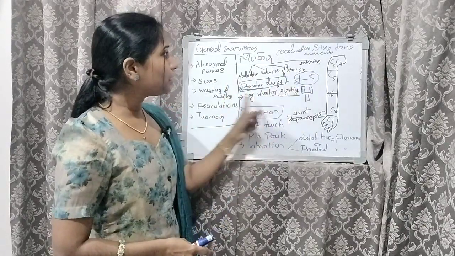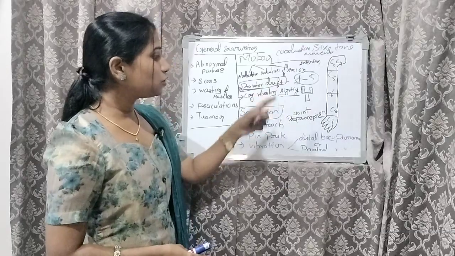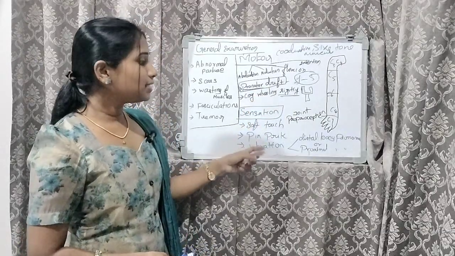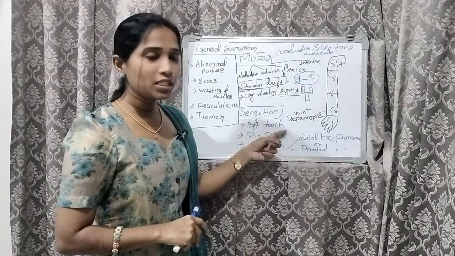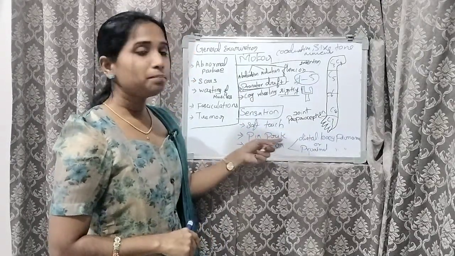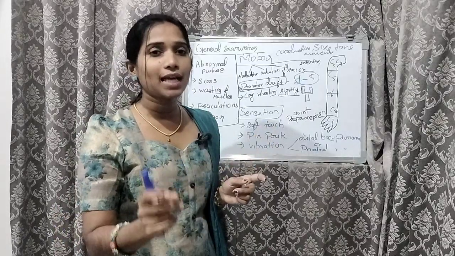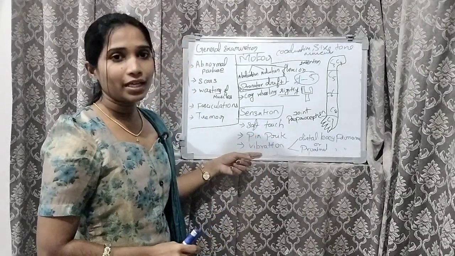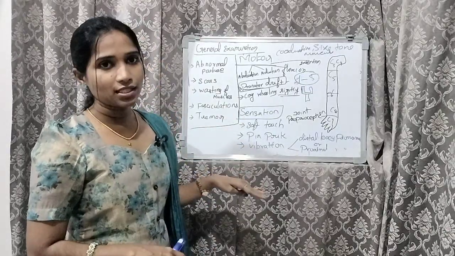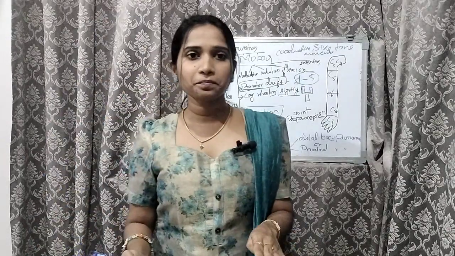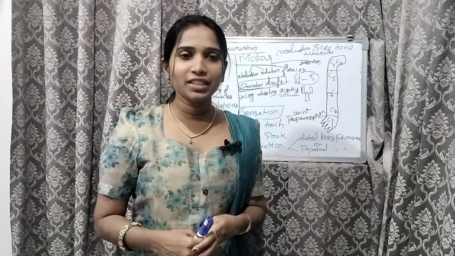After completing motor function, you go for sensory. In the sensory, you do 3 different types of tests: a soft touch with a cotton ball, a pinprick test with a needle or lancet, and vibration with a tuning fork. Clear? After completing this, you go for reflexes.